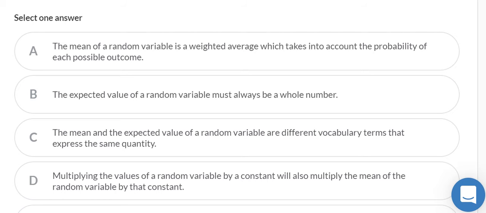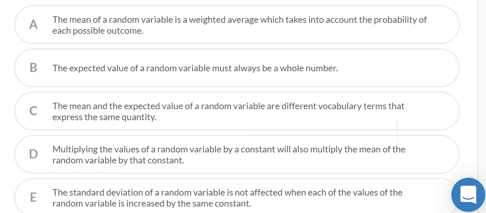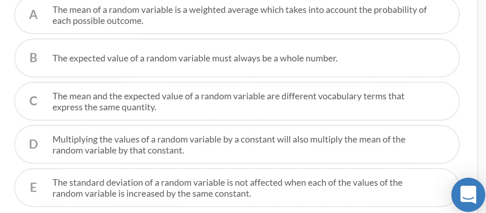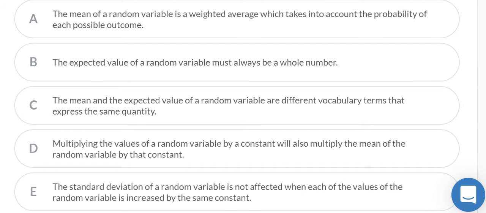C, the mean and expected value of a random variable are different vocabulary terms that express the same quantity. That is true. Mean and expected value are the same thing. They are just different words. D and E we actually have not talked about in this class, and both of those are actually true statements. So hopefully you can figure out which one is false.